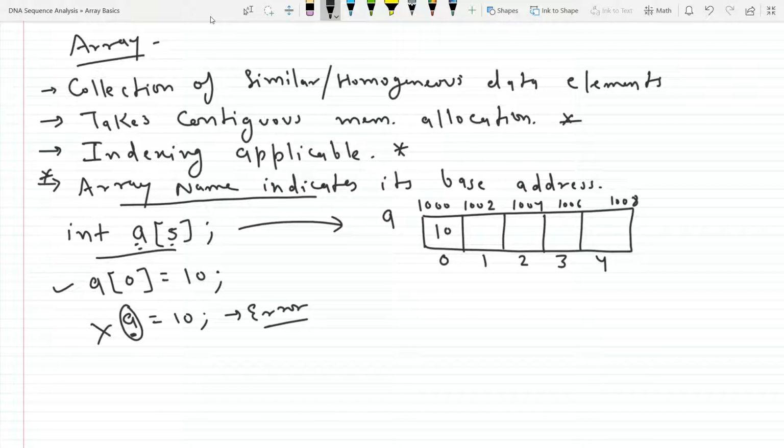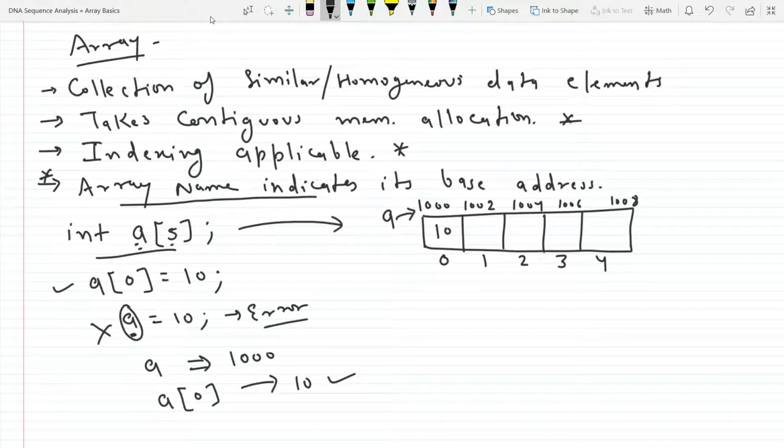So this a indicates the base address. If you print a, in our case this will give you 1000, rather than 10. And if I want to print the value 10, I am supposed to print a of 0. So this will give me 10 as the answer.